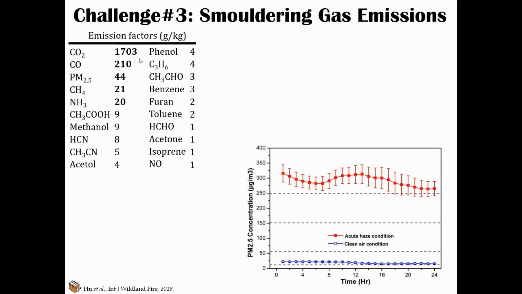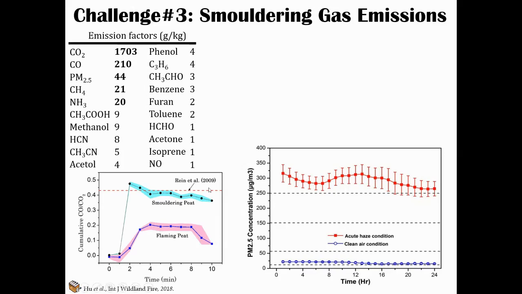That's a completely different role for the quantity of particle matter than flaming, followed by methane and ammonia. And then you have a very long list of emission factors. And these emission factors are much higher than the emission factors you will see in flaming combustion, and add to the complexity of the process. The chemistry of the emissions is very different.